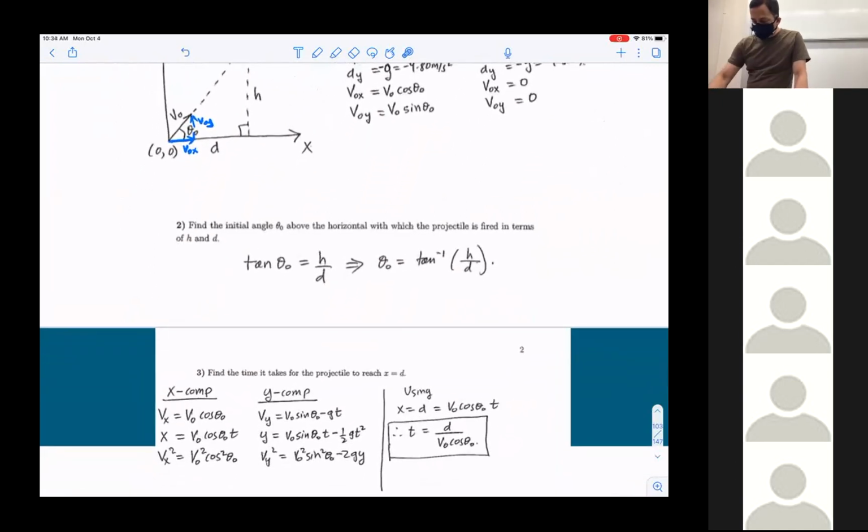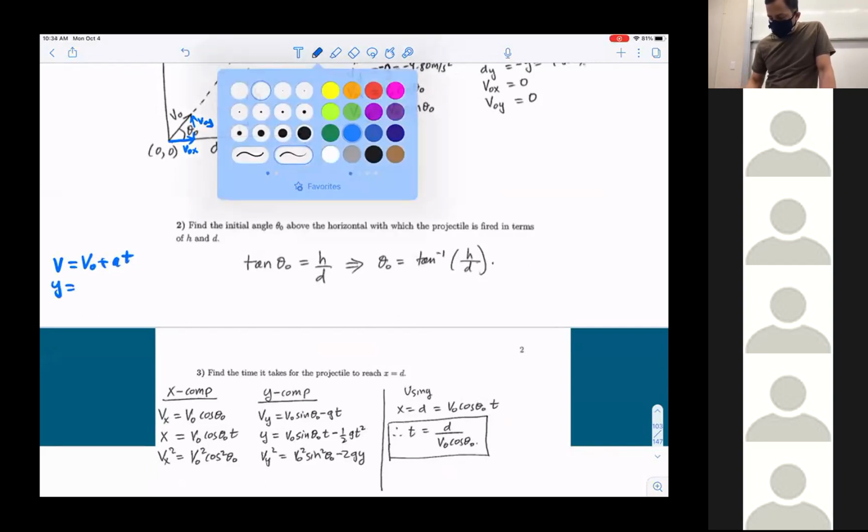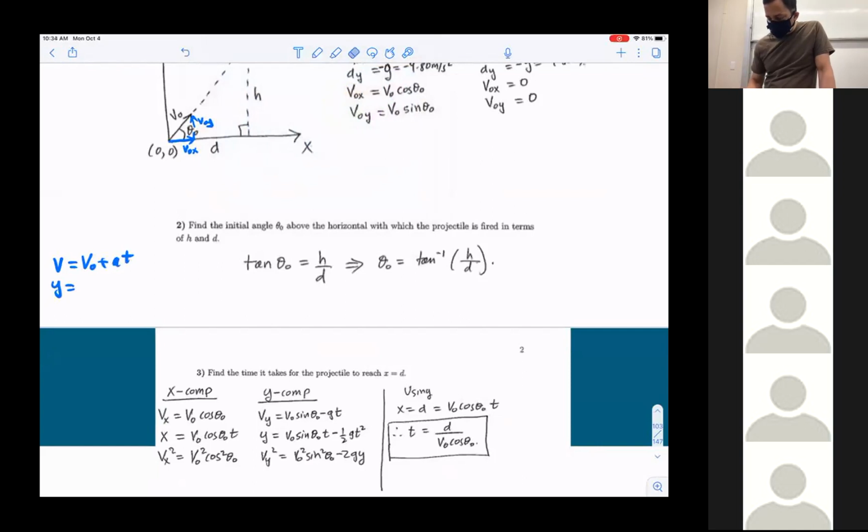So remember that you always have v equals v naught plus at, so vx equals v naught x plus ax t, and then you have x equals x naught plus v naught x t plus 1/2 ax t squared.